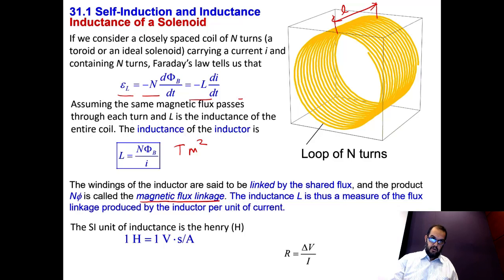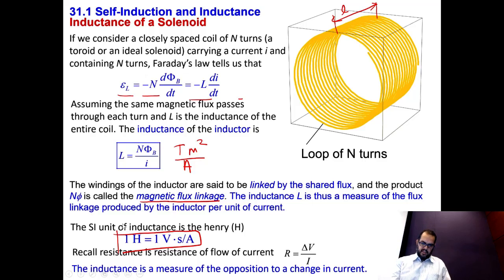So it is Tesla meter squared divided by the current, which is coulombs per second, or amperes. We have to convert Tesla to SI units. Anyway, you will eventually find that 1 Henry is 1 volt second per ampere. Yes, 1 volt second per ampere.